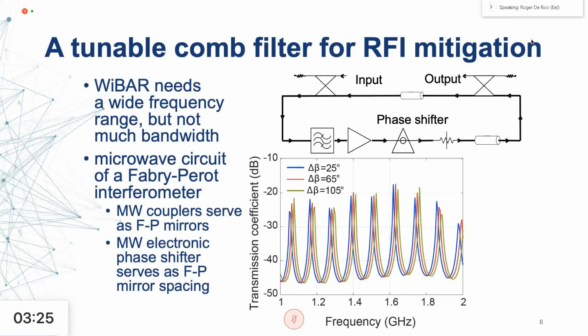And not just that, but by incorporating a phase shifter, which is currently a commercially available part that you put in there, as you walk the phase around 360 degrees, you can actually walk the comb back and forth over the frequency span, as you can see in the figure.